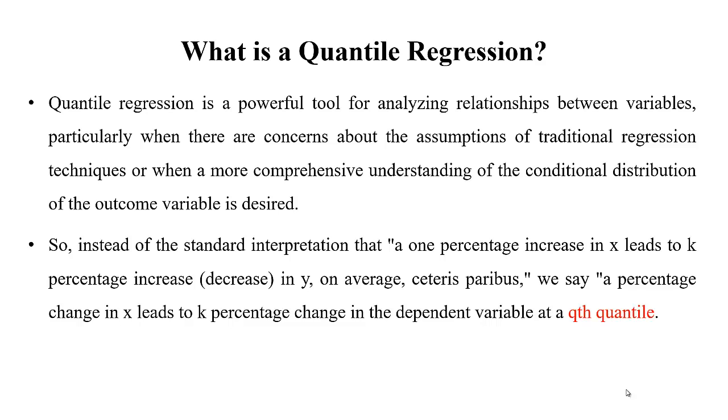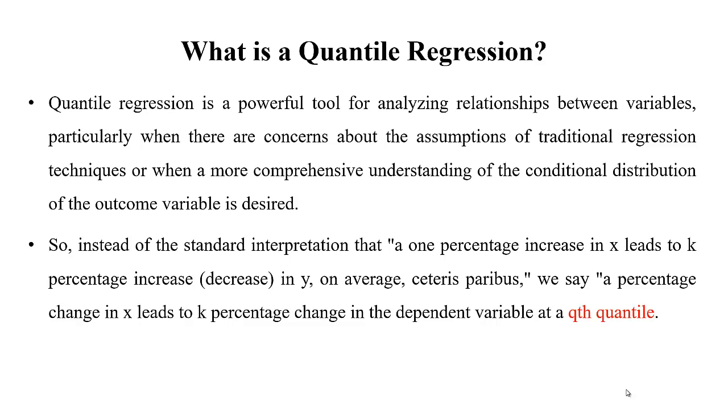The interpretation of the classical least square results is that a 1% increase in the independent variable leads to a certain percent increase in the dependent variable on average. But for quantile regression, there is need for us to indicate the quantile at which that particular relationship occurs. For instance, if you estimate quantile regression and you make use of 30 percentile or 0.3 quantile, in your interpretation you must indicate that particular quantile.